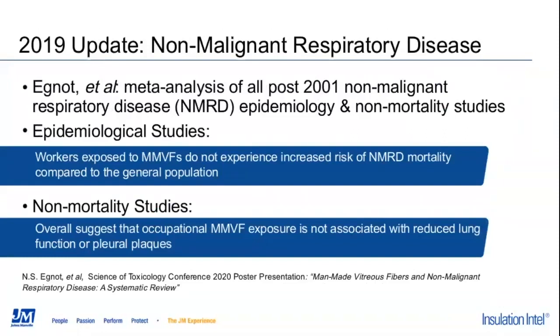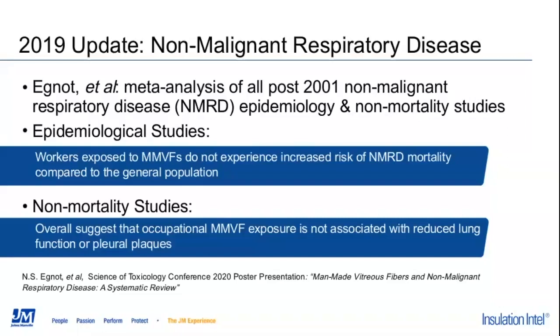Here's something that we're also very excited about. We did not just an update of the cancer epi, we also did an update of the non-malignant respiratory disease epidemiology. IARC in 2001 stated that there were no studies showing that exposure to insulation, fiberglass, and mineral wool caused not just cancer, but also non-malignant respiratory disease. We now have a study that has just been completed.